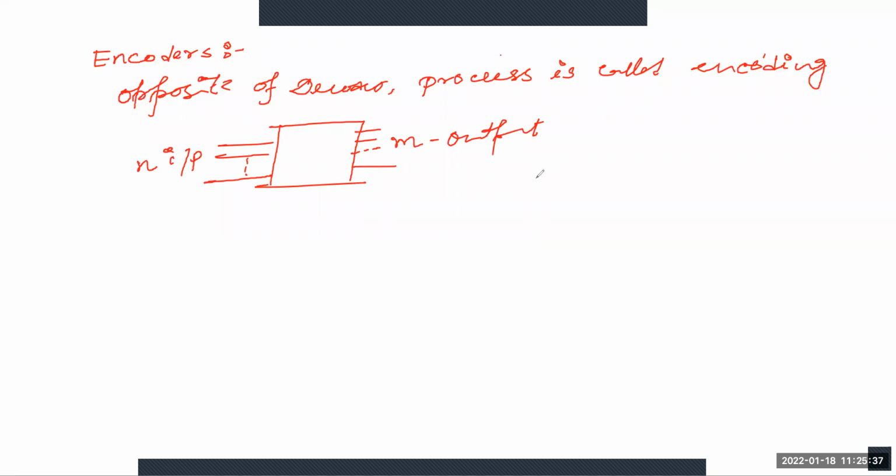Here the number of outputs is less than the number of inputs, meaning n is greater than m here.